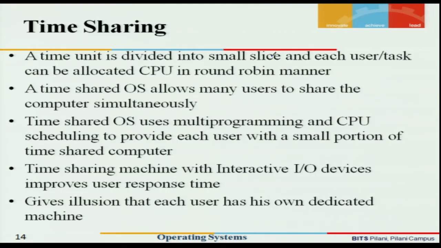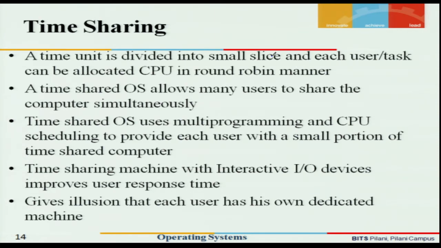A little while ago, we mentioned a term, time sharing. We know that here we are talking about a single processor system, a single CPU system. So, on a single CPU system, how am I going to achieve multi-programming? We know multiple programs are residing in memory.